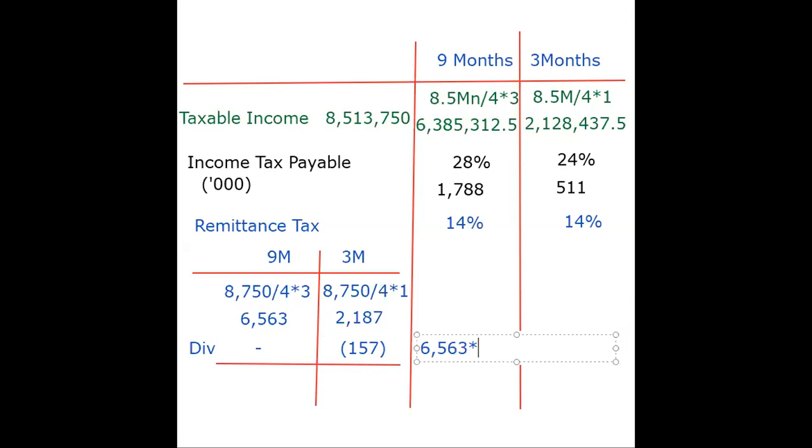Then you need to apply 6,563 into 14%, how much is that? And here 6,563, and here I'm just mentioning 2,187 minus 157 is 230.